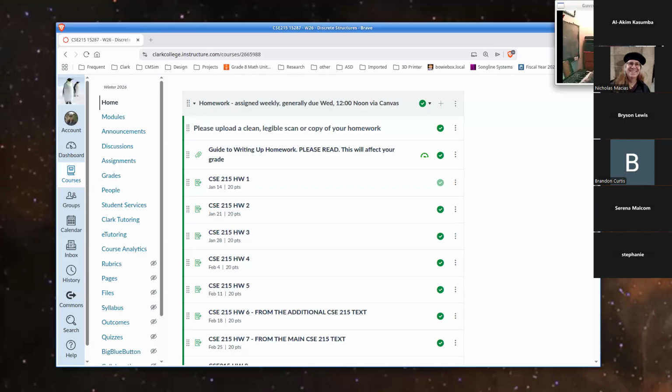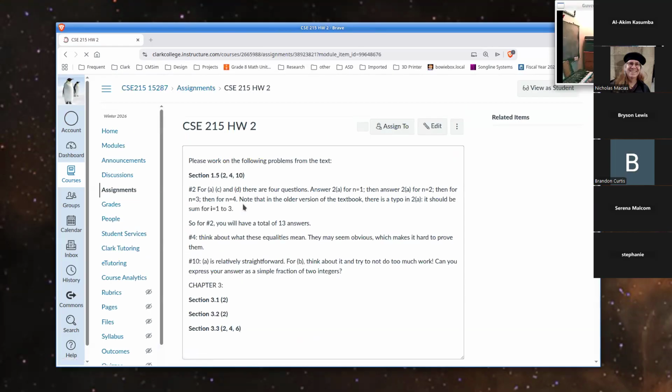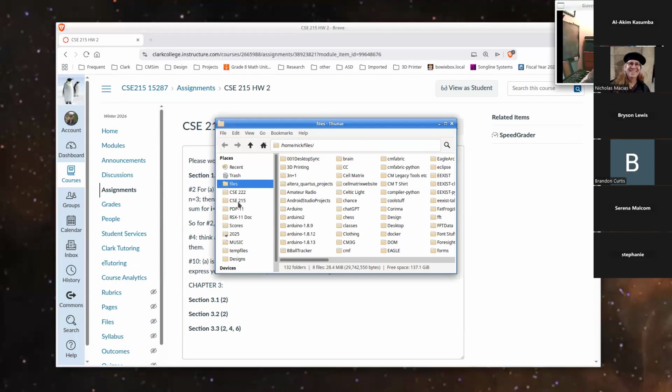Let's eyeball homework 2 really quickly before we go on. So, a few more questions from the section on set theory. Let me just go ahead and bring up the text.